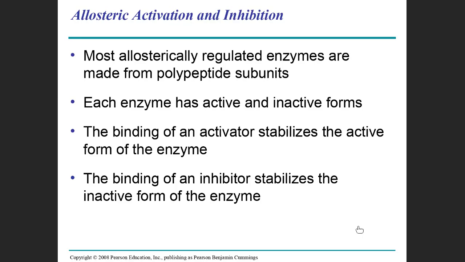So each enzyme has an active and an inactive form. An activator molecule can bind to the enzyme, stabilize the active form, right, to help keep it active. An inhibitor will stabilize the inactive form of the enzyme. And that's our allosteric inhibitor, the non-competitive inhibitor we just looked at.